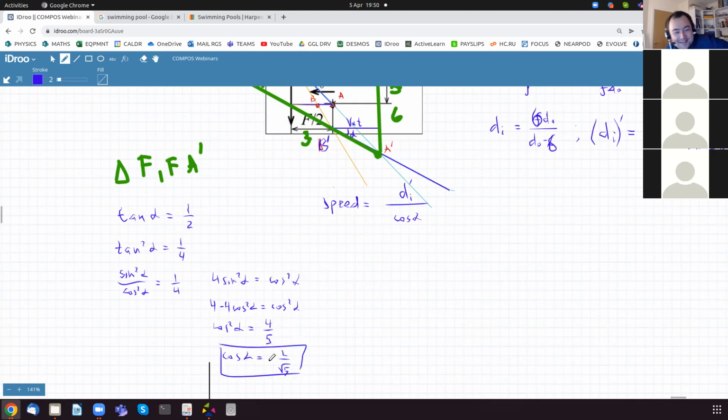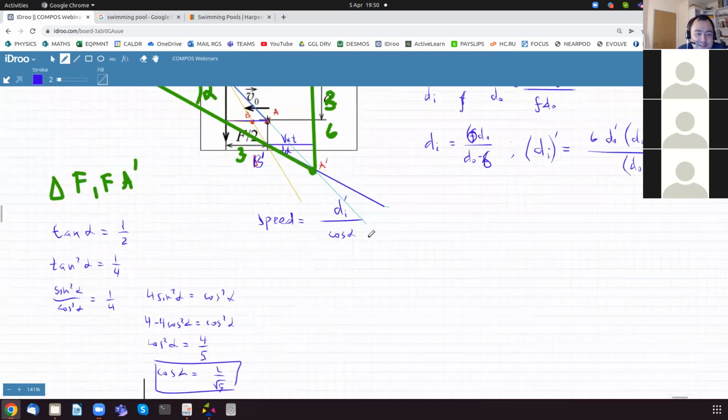Okay. And that's all you need to do. So the speed is 0.8 divided by 2 divided by square root of 5, which is approximately 0.9 centimeters per second, which is quite cool.